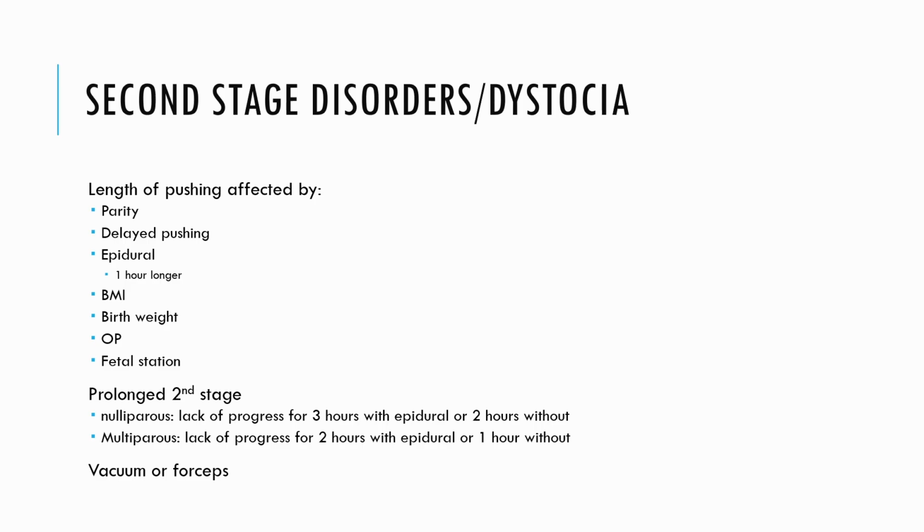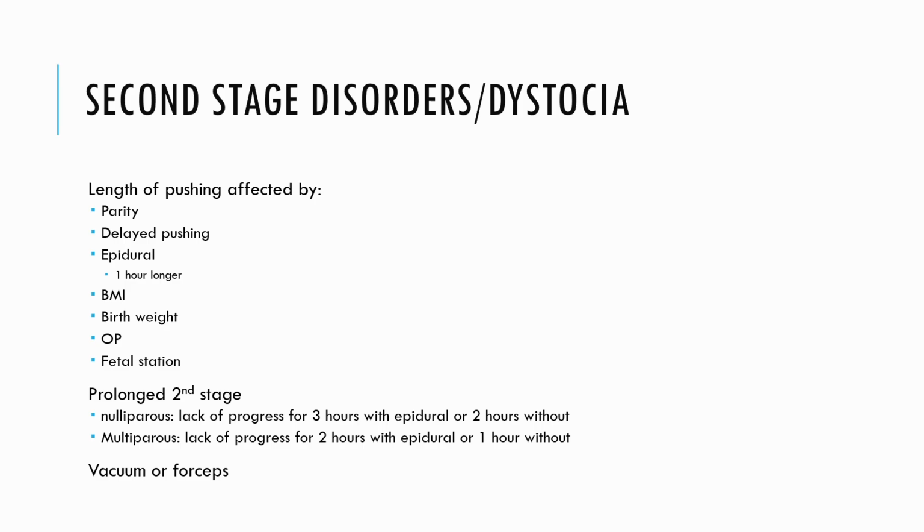What's mom's BMI? What's the birth weight of this baby supposed to be? Is it a bigger baby? What position is this fetus in? The position that we want our baby to be in is an OA position. That means the occiput, baby's occipital bone, okay, is to mom's anterior.